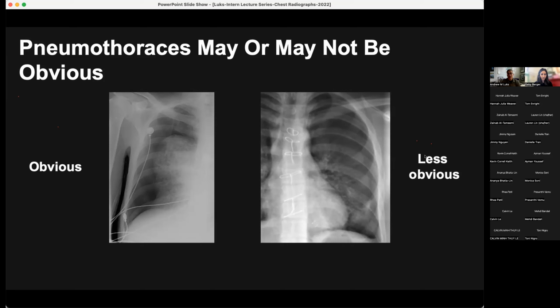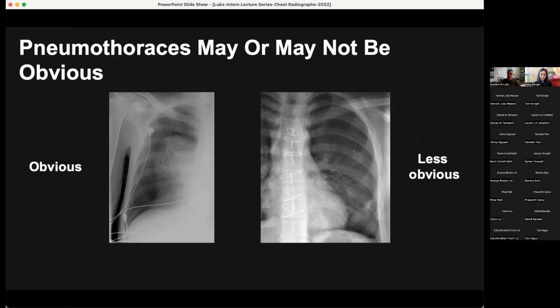Now you can contrast that to this film on the right, in which it's a little less obvious, particularly if you're not in the right position for the film or don't have an adequate amount of contrast. But if you look closely, there is a more subtle line out here, and you have lung markings out to that line and then lucency on the other side of it.